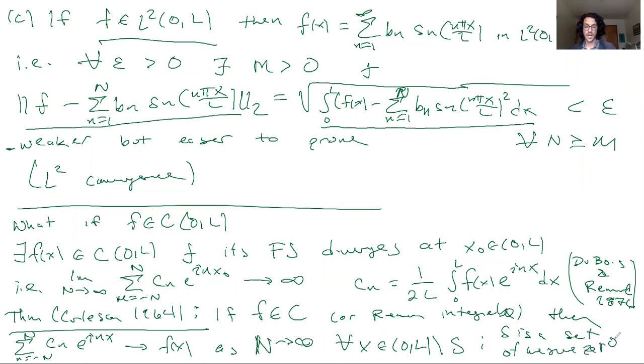Okay, what's a set of measure 0? Well, just think of it as a set of points, some finite number of points, or an infinite number of points.